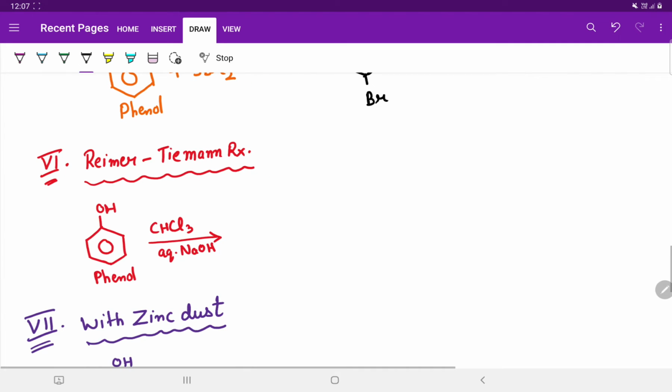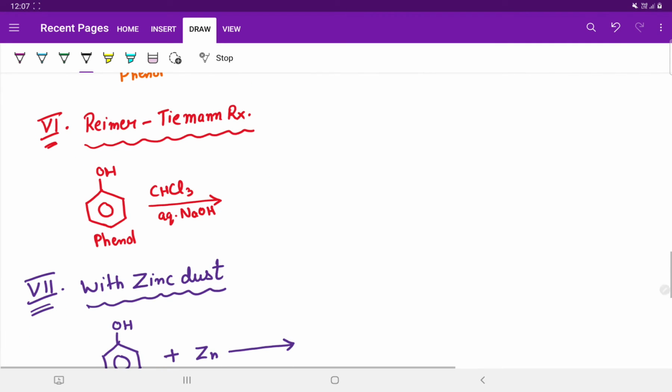Next property is the Reimer-Tiemann reaction. So, this reaction takes place in presence of chloroform and an alkali, the aqueous NaOH solution. So, this leads to formation of an aldehyde, corresponding aldehyde, but before that a benzyl chloride intermediate is formed. So, just see the reaction.